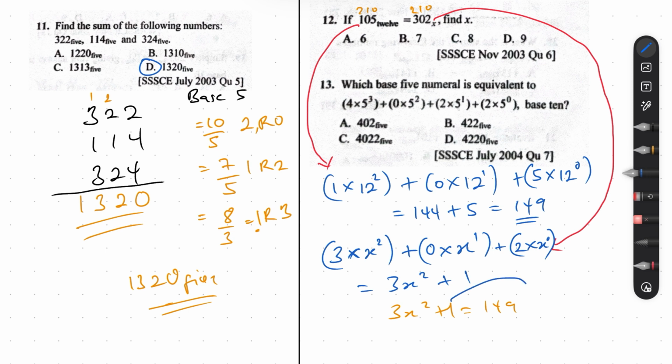If this comes here, it becomes 3x squared is equal to 148. If we divide by 3, we have x squared equal to what? That will be 148 divided by 3. 3 into 14 goes 4 times, and then we have remainder 2, 28.